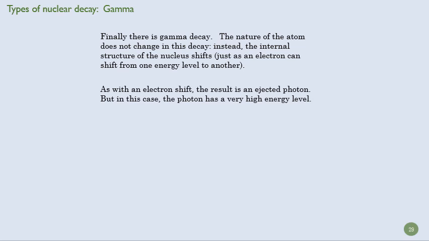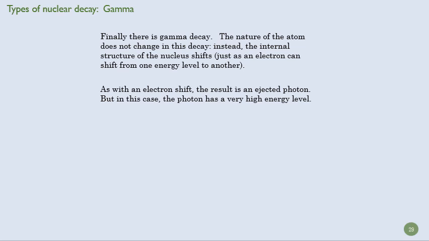And finally, the last type of decay that we'll talk about is gamma decay. Basically, this is a change of structure inside the nucleus. So we're not going to write it in the same way that we did with those other equations. But basically, you might think of it as the nucleons moving to a different energy level. They shift around, and that changes how much energy is in the nucleus.